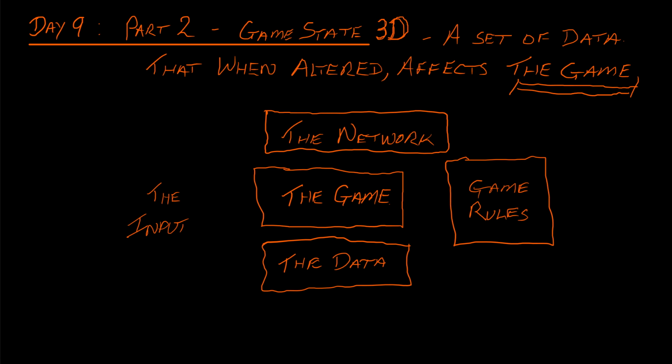So we've got the rule of 3, which is what makes a program. Well, actually it's 1, 2, 3. The network and the game rules are extras. There is some persistence. Where do we put persistence? Do we put it anywhere?